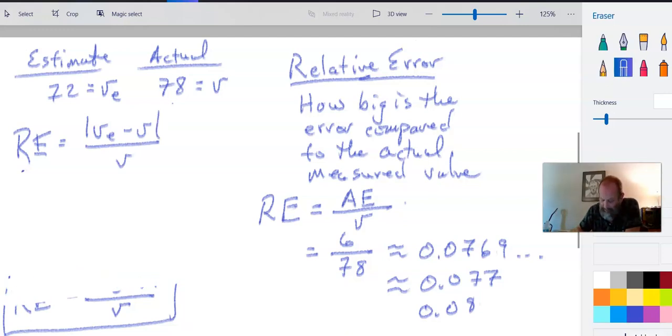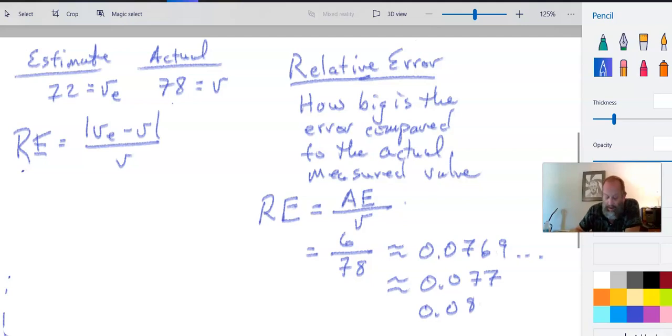If I look at that formula, what this is giving me is a decimal. And just like in the last lecture, there's also a percent error. Percent error is just taking the relative error and moving the decimal 2 places. So the percent error is the relative error times 100.